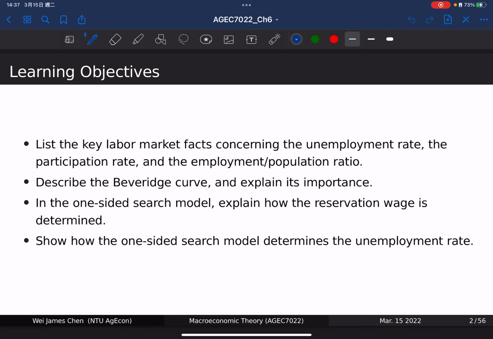And then I'll show you the one-sided model. We call this model a search model because in this model, the people who are unemployed are searching for a job. And then we will show you how this one-sided search model determines the unemployment rate.